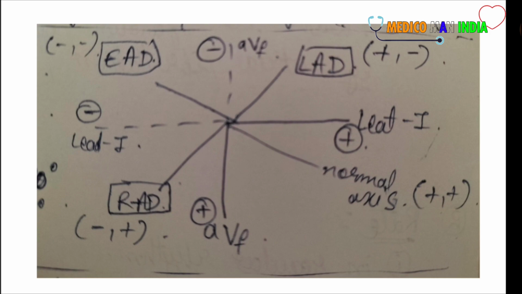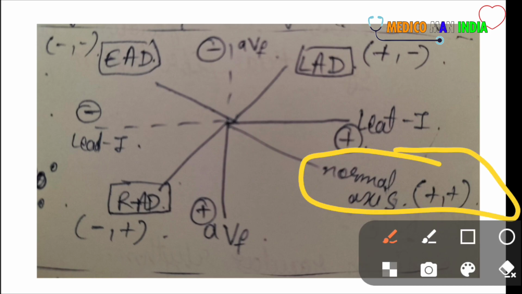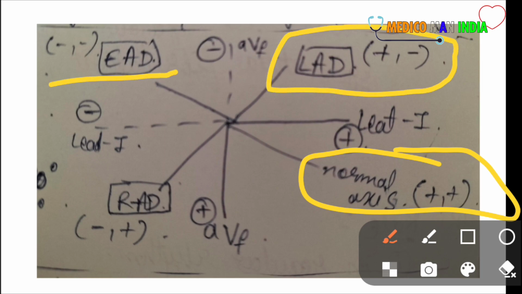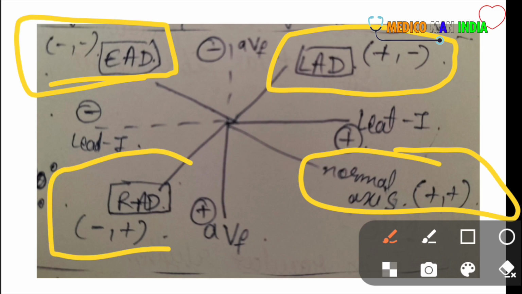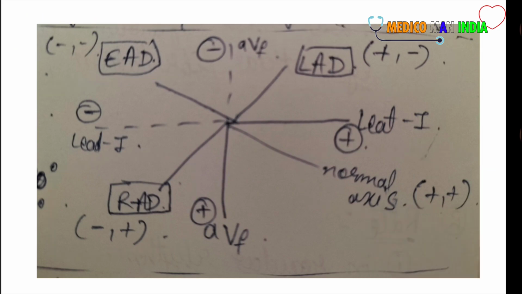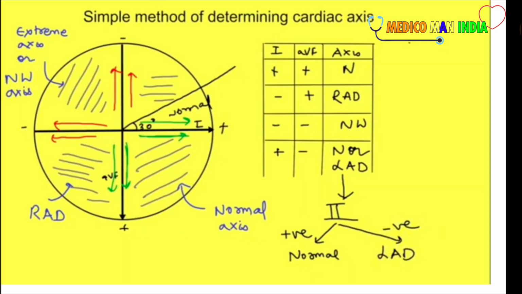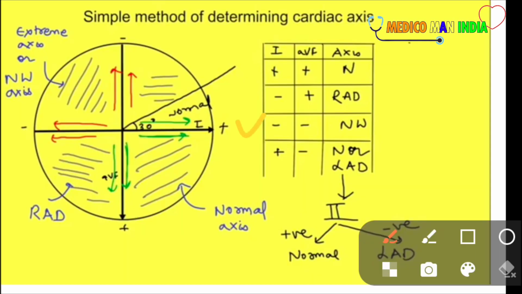The points where both are positive come under normal axis. The points in which lead 1 is positive and AVF is negative show left axis deviation. If both are negative, they show extreme axis deviation, and the ones in which lead 1 is negative but AVF is positive show right axis deviation. Here you can see the x-axis is positive, the y-axis is positive, this is AVF negative, and this is lead 1 negative.